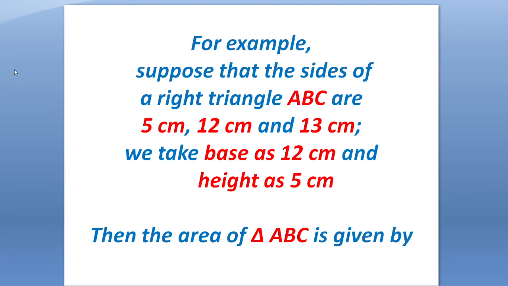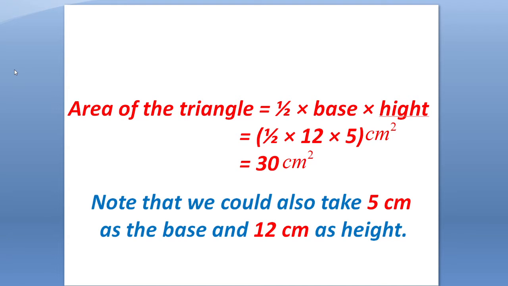For example, suppose that the sides of a right angled triangle ABC are 5 centimeter, 12 centimeter and 13 centimeter. So we take base as 12 centimeter and height as 5 centimeter. Then the area of triangle ABC is given by that formula: area of triangle is equal to 1/2 into base into height.